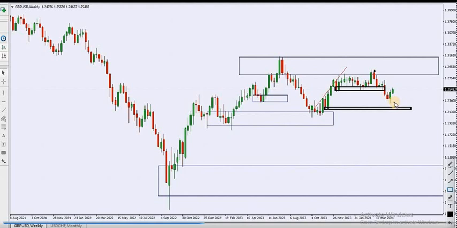Then it got its strength exhausted. So the reasonable thing market can do in a case like this, after breaking a structure, it lost its strength without getting to a demand zone here, is to revisit the nearest supply zone and tap into it.